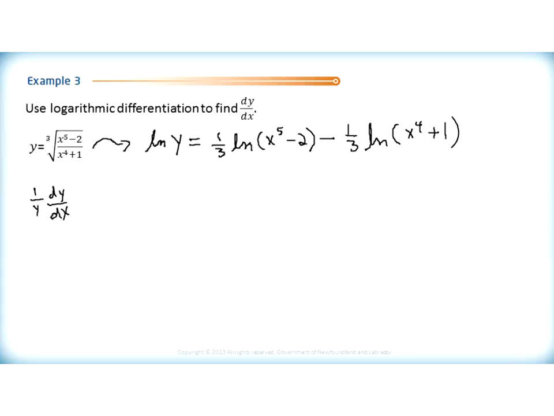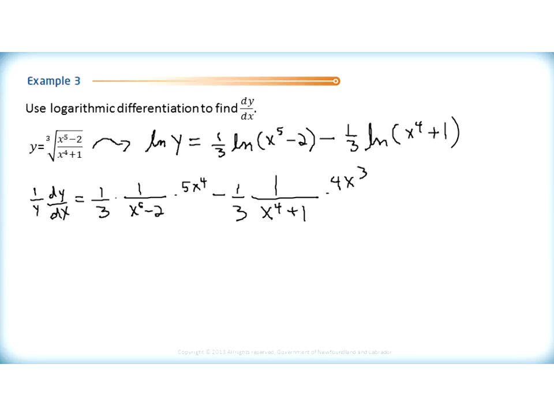And that's going to equal, on the other side, 1/3 times 1 over x to the power of 5 minus 2 multiplied by the derivative of x to the power of 5, which is 5x to the power of 4. And then we subtract 1/3 of 1 over x to the power of 4 plus 1 times the derivative of x to the power of 4 plus 1, which is 4x cubed.